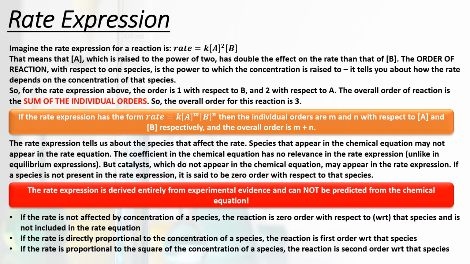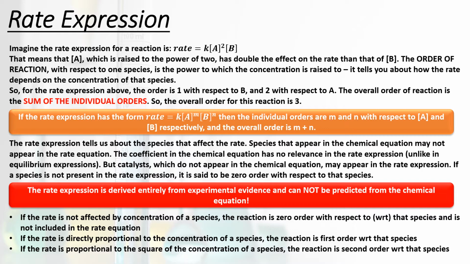So if it was 2A plus 3B, we'd have to write that as A squared B cubed in our equilibrium expression. This is not the case for rate laws and rate expressions. The stoichiometric coefficients have no relevance on the rate expression.